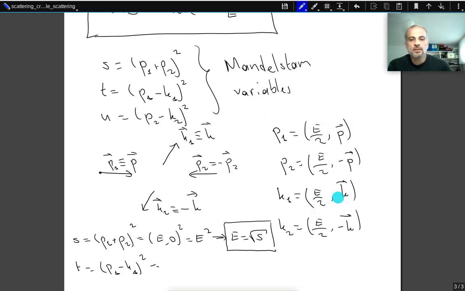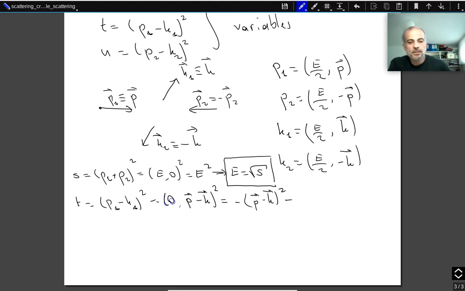P1 is over here, K1 is over here, so if we just take the difference, this is 0. P minus K squared, or minus the 3 vector P minus K squared.